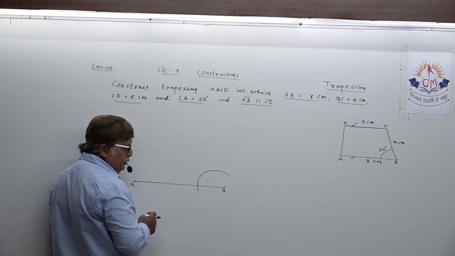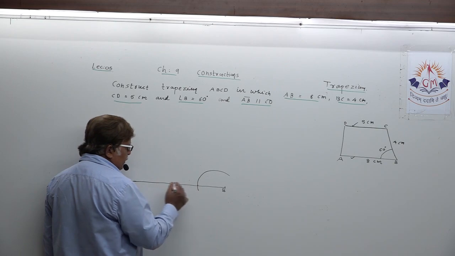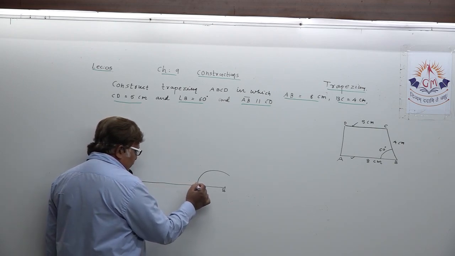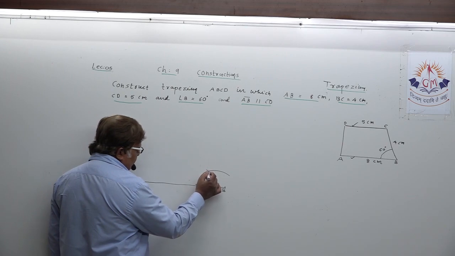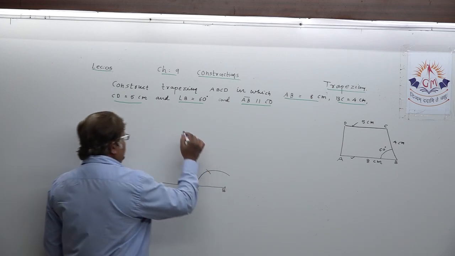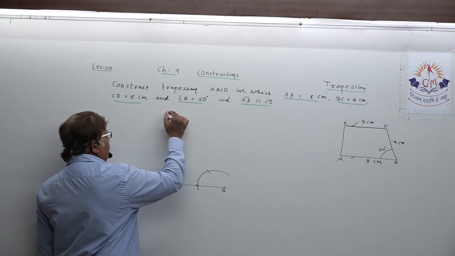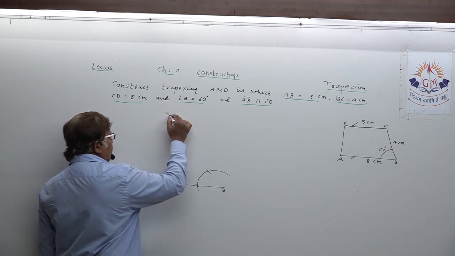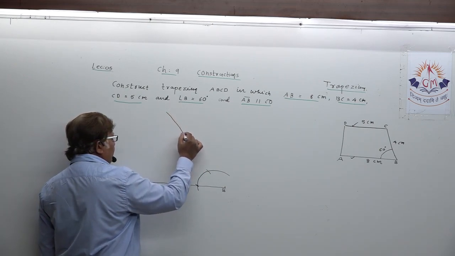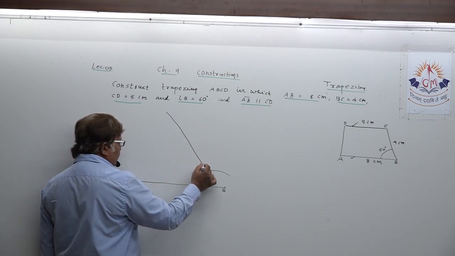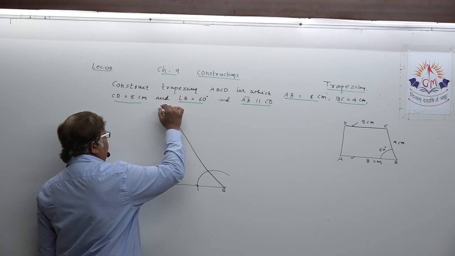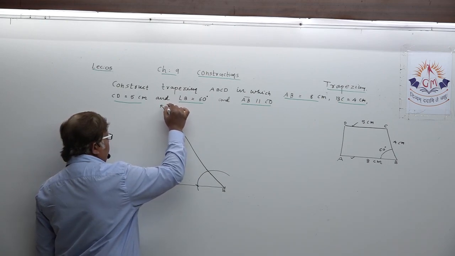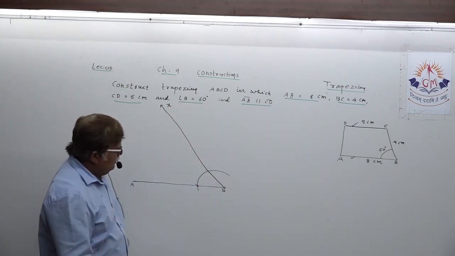Maintaining the same radius, center your compass here and intersect this, and then you will draw a ray passing through this. I can extend it and call it ray Bx.